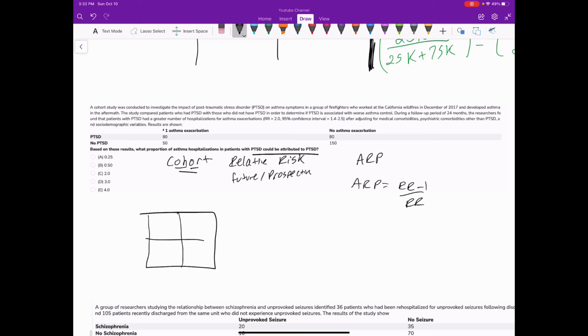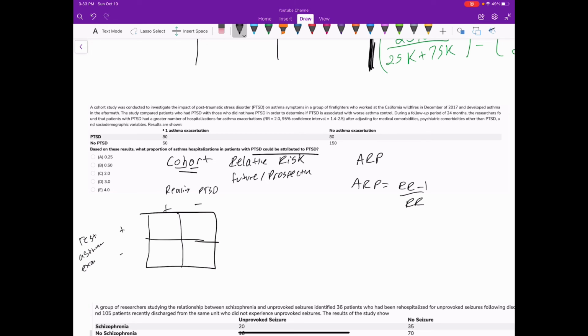Here we go. What is the table going to show? Okay, well, what do we want? What's our reality? Well, the reality is if they had PTSD or not. And what's the test? Well, the test is asthma exacerbation, positive or negative. So they're trying to trick us again, of course. All right, so let's go.